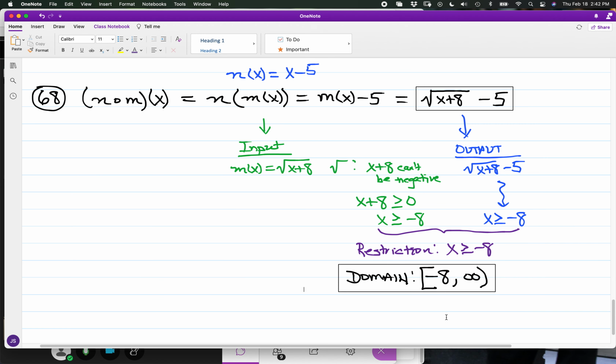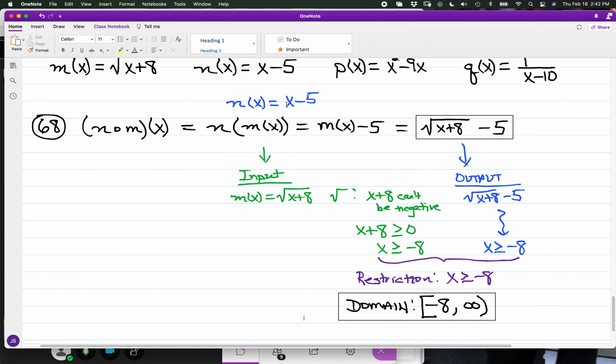No, and the reason for this is that if you go by the formula, the minus 5 is detached from the input. So m of x is going to be the input, and the minus 5 is separate from it. So m of x is the square root of x plus 8, and the minus 5 is not going to be pushed under.